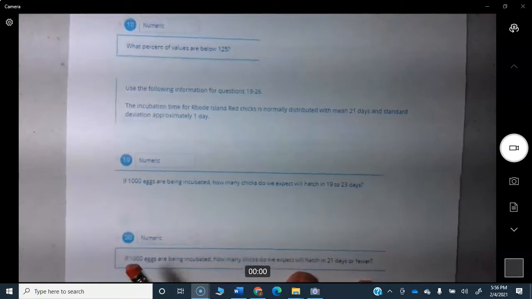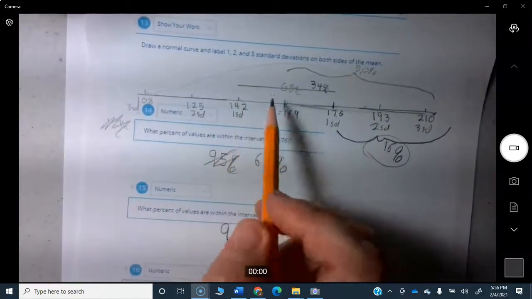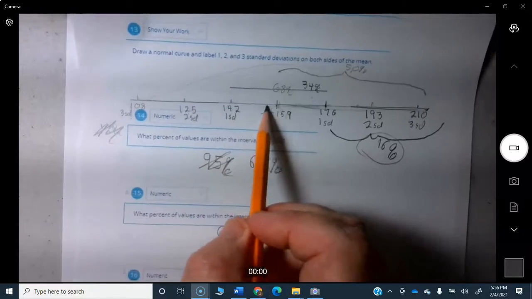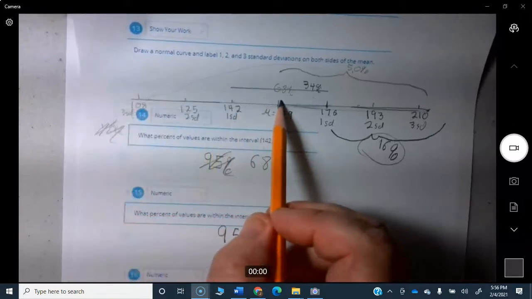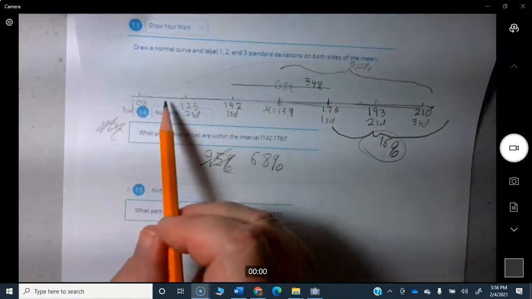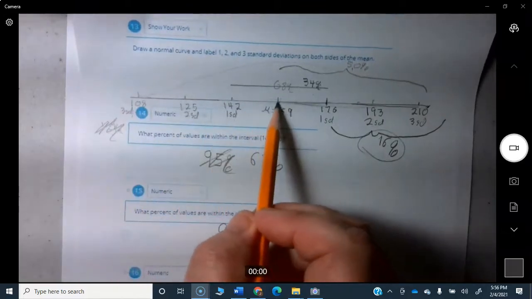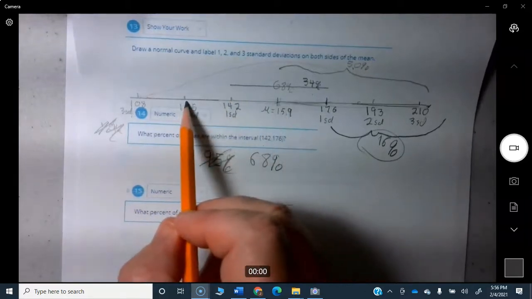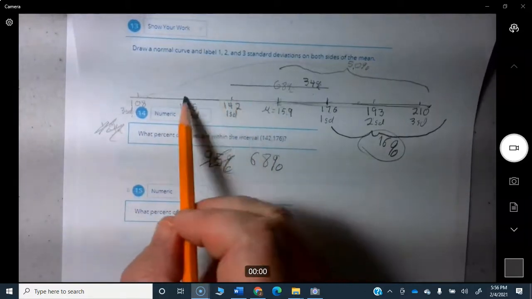18. What percent of values are below 125? So we come back here and we realize again that 50% of the values are to the left of the mean. That's 50%. Okay, and how many are between the mean and 125? Well, that's 2 standard deviations.